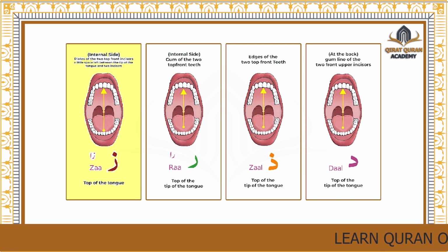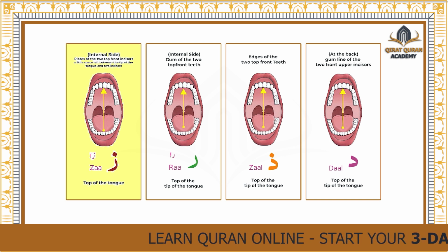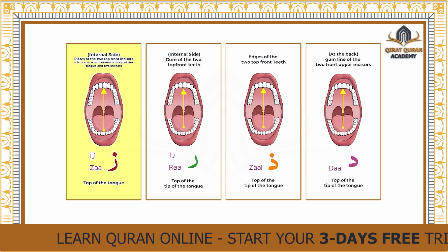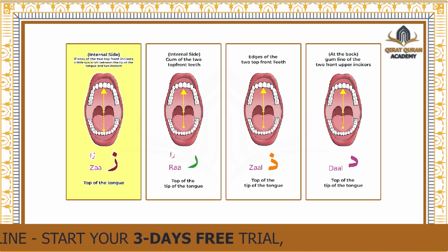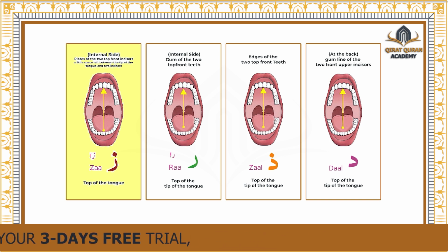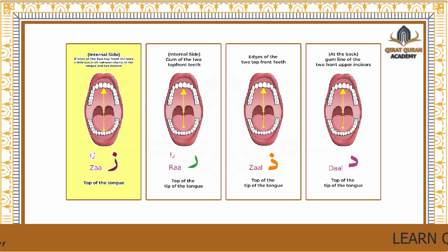First we will touch the up and down teeth together, and then we will touch the tip of tongue behind the upper and lower teeth to pronounce za. So this is the pronunciation of za, and za is a whistle letter. When we pronounce za, the whistle-like sound comes.